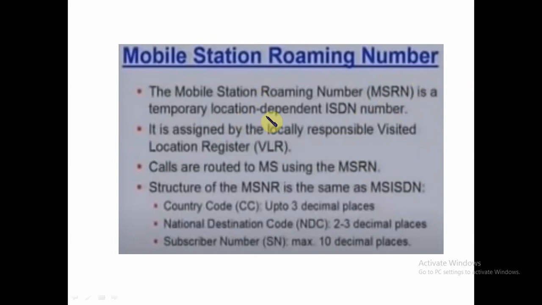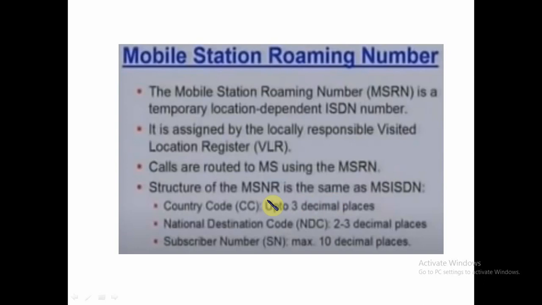It is assigned by the locally responsible VLR, and calls are routed to the mobile station using the MSRN, the Mobile Station Roaming Number.